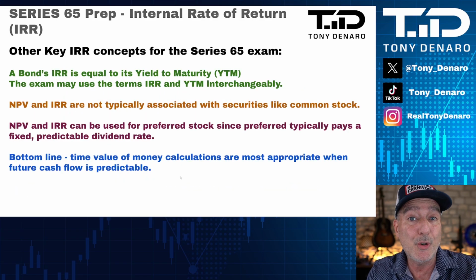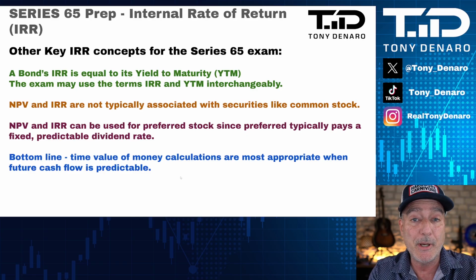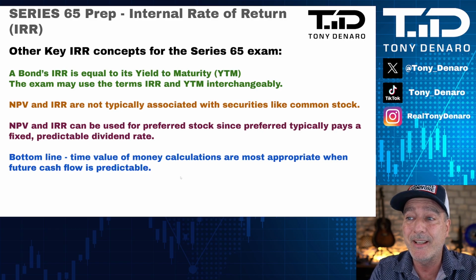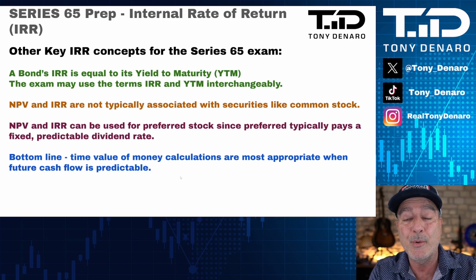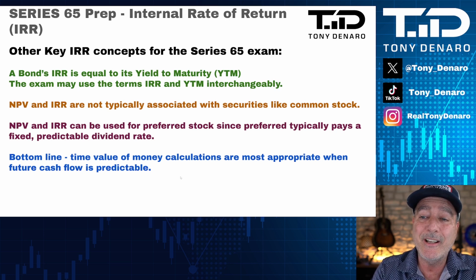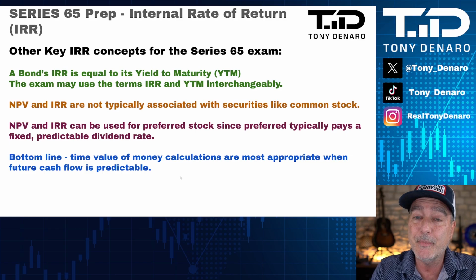A couple of other tricky little things just to stick in the back of your brain, because they might show up in some fashion or another as a tricky test question. The bond's IRR is equivalent in definition and might be used interchangeably on the test as yield to maturity for a bond. As I say in green here, the exam may use these terms IRR and YTM interchangeably. Second bullet item here: net present value and IRR are not typically associated with securities like common stock.